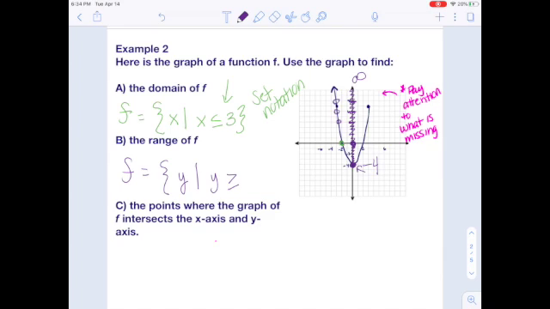When you're looking for your x-intercepts and your y-intercepts, as in part C, you want to look and see where the graph hits the x-axis and the y-axis. Let me erase a little bit, clean it up a smidge. Okay, so let's look for our x-intercepts.